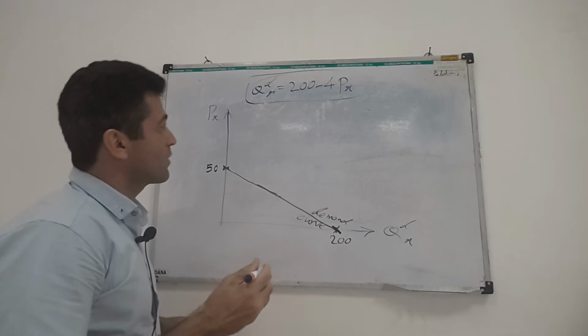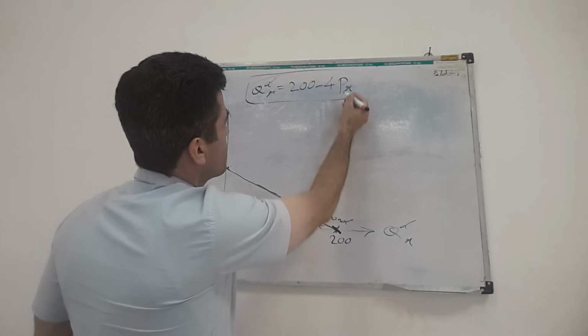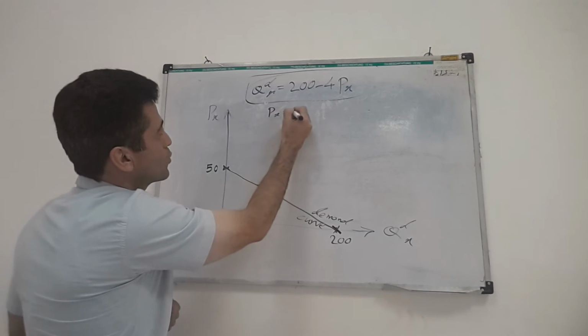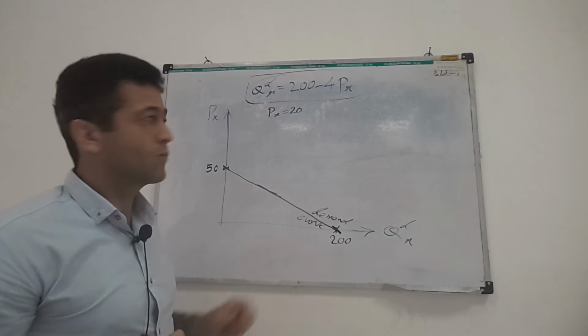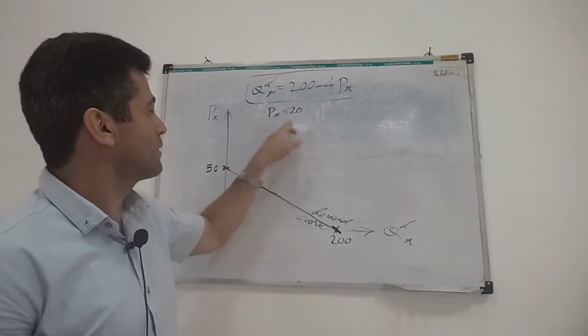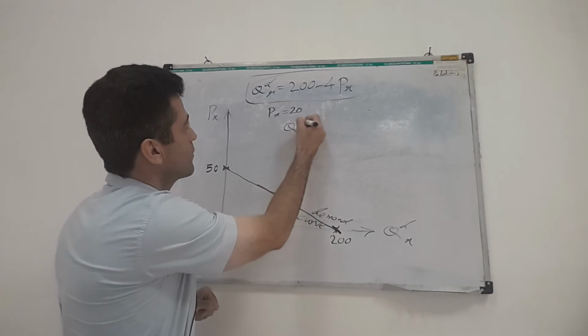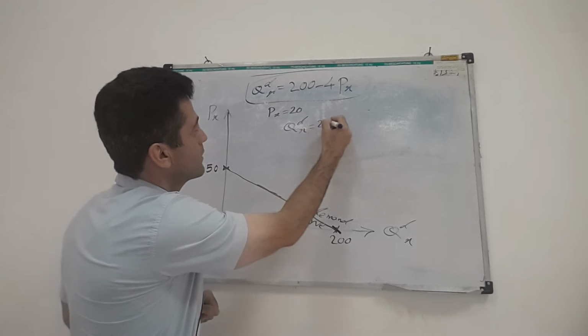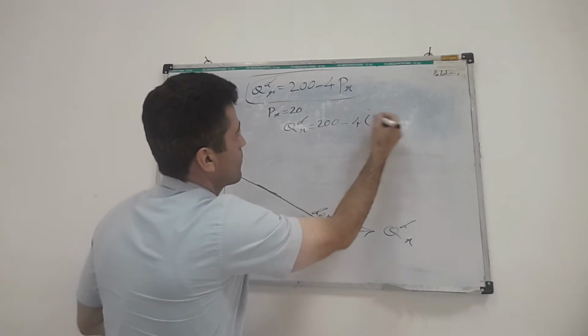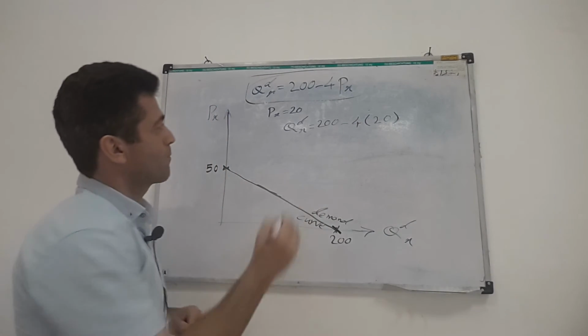For example, consider Px equals 20. For example, Px is 20. So quantity of demand for X equals 200 minus 4 times 20.